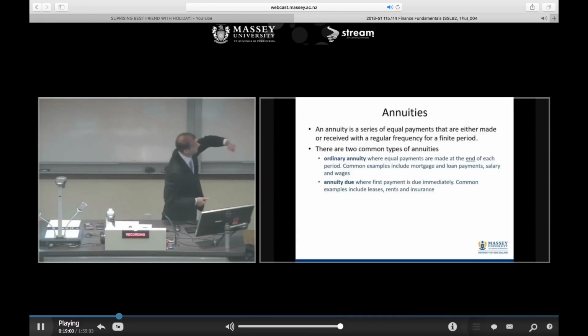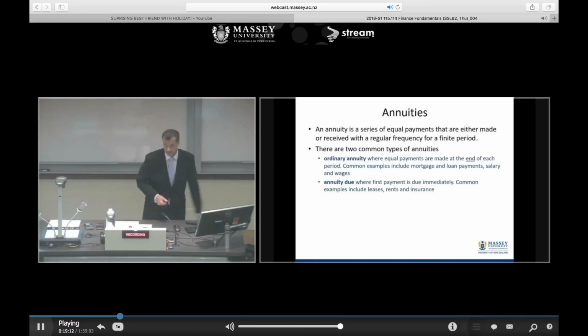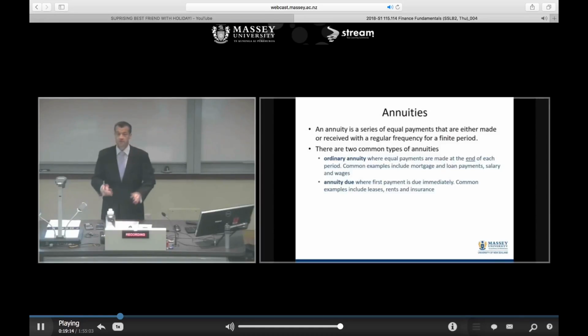Annuities due, on the other hand, the payment is immediate, today. So, insurance is very much like this. You pay for your insurance up front. You don't drive around a car for a year and then at the end of the year you pay your insurance for the previous year's driving around, you know, the protection.